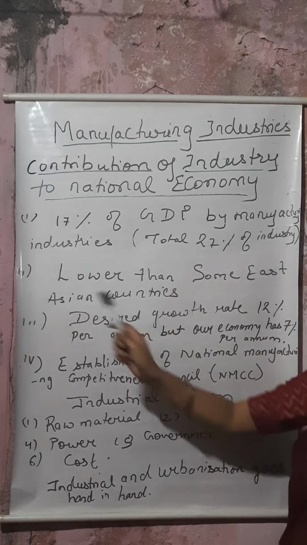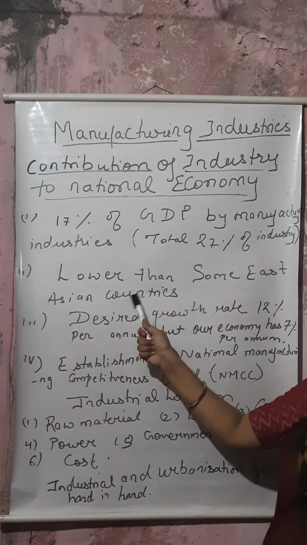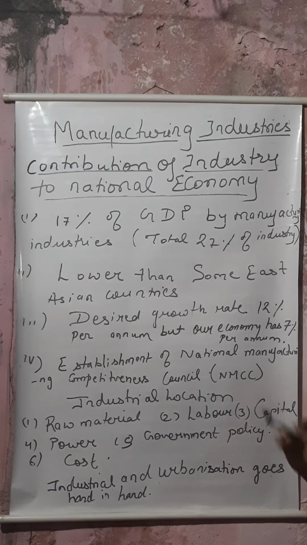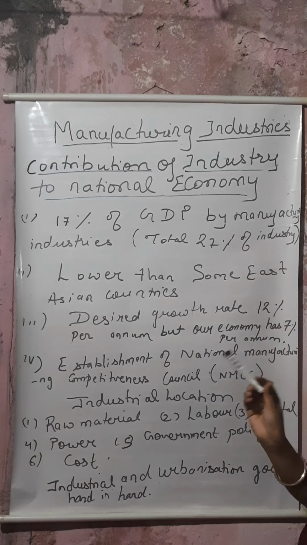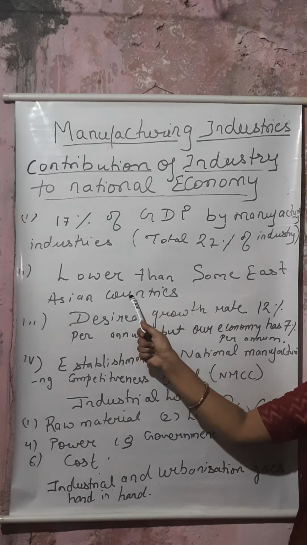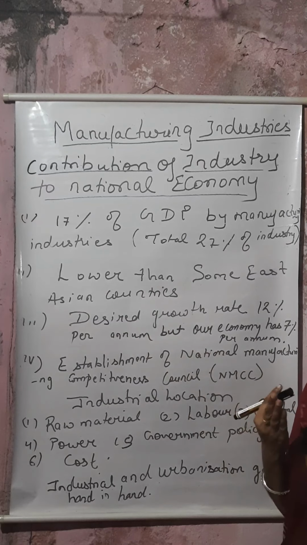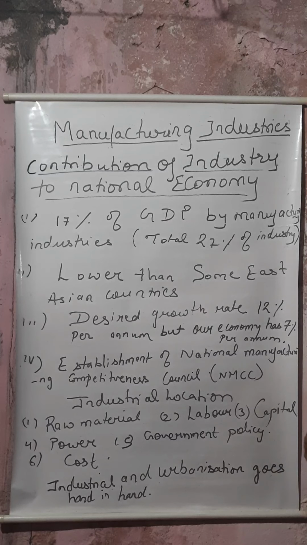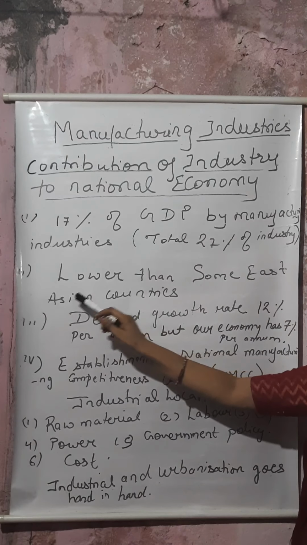Second point is lower than some East Asian countries. Our manufacturing sector gives 17% of GDP, but it is very low compared to East Asian countries, which contribute at least 30 to 35% of GDP. So our economy is much lower than these East Asian countries.